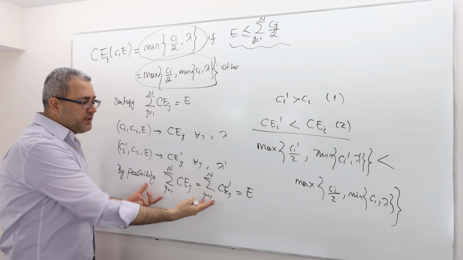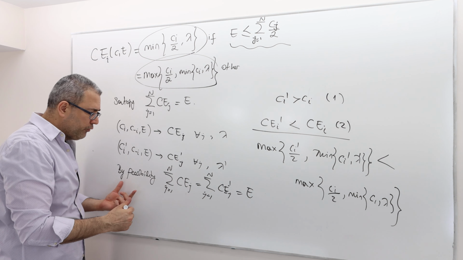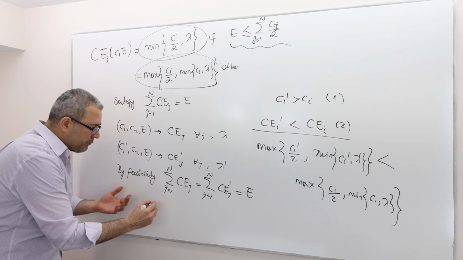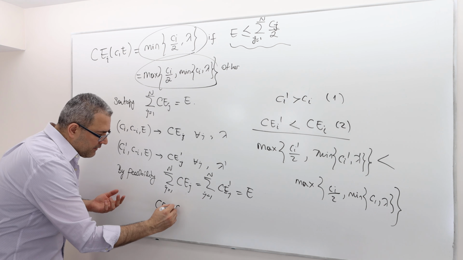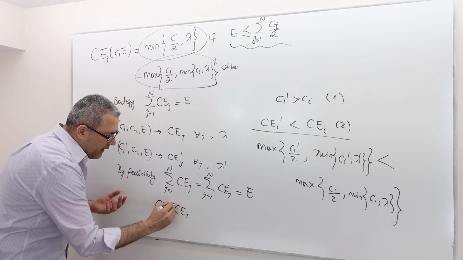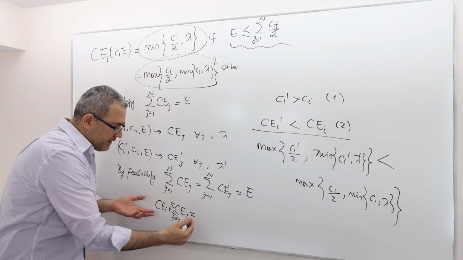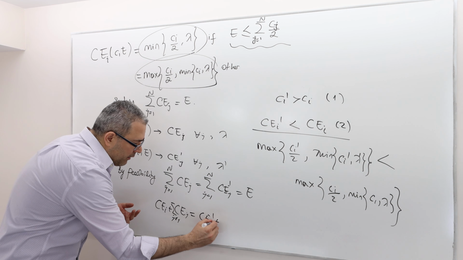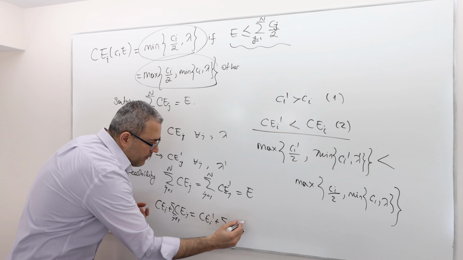And so by using this, try to open this up as I did in the previous proof, meaning just write them as player I's CEI plus the sum of CEJ for everybody else, J not equal to I. E has to be equal to the same thing, CEI prime plus the sum over J not equal to I of CEJ prime.